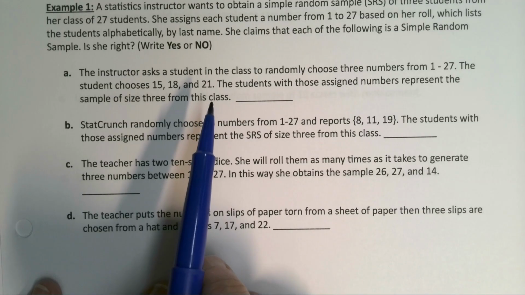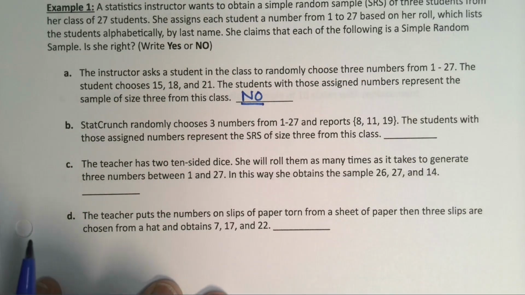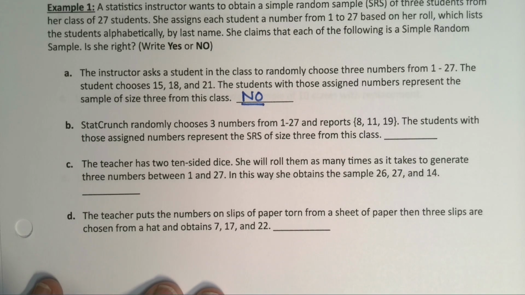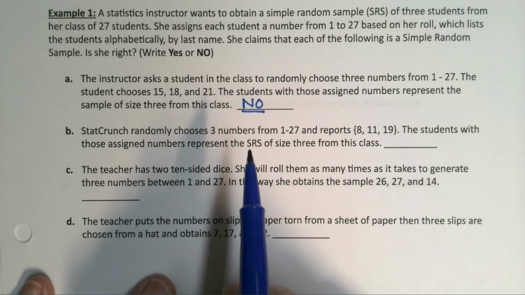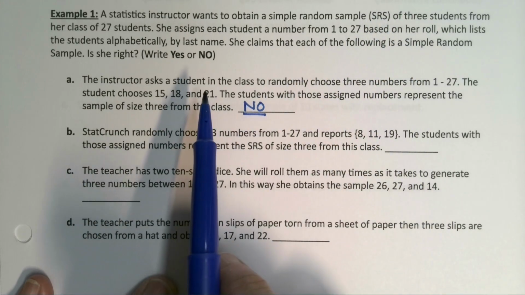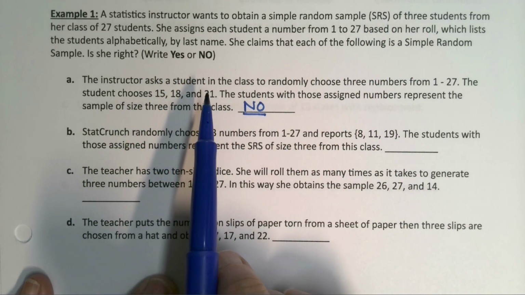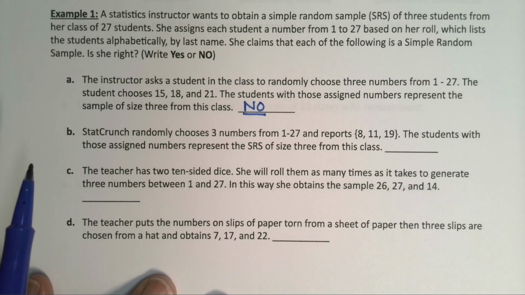Well, that is very much not random. People think they choose randomly when they choose numbers off the top of their head, but they do not. And particularly because this was based on the instructor's roll, if the student knows that people with last names of S and T are going to be down here, and they have a last name that starts with A, then they know that they're not going to be chosen, right? So this is very much not random.